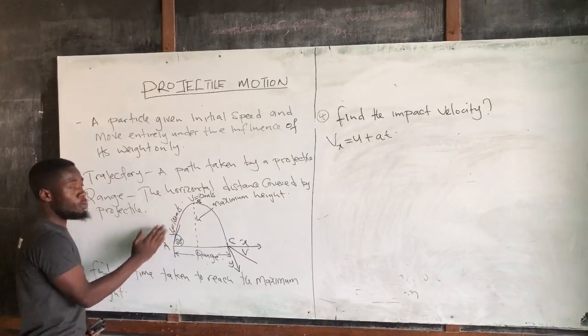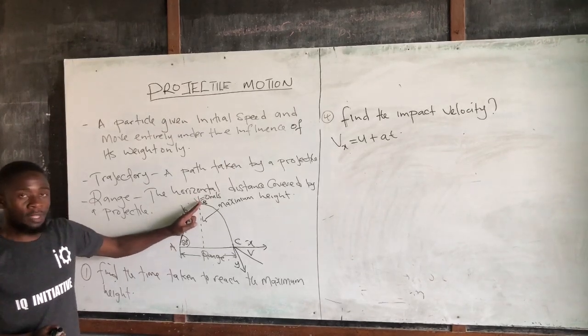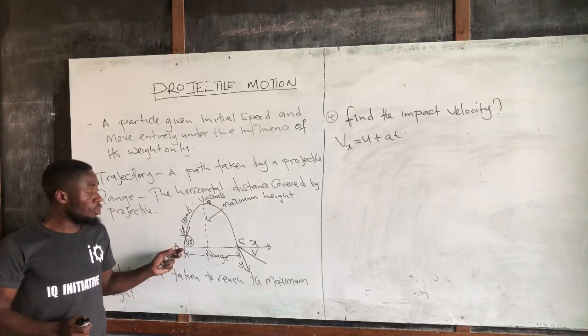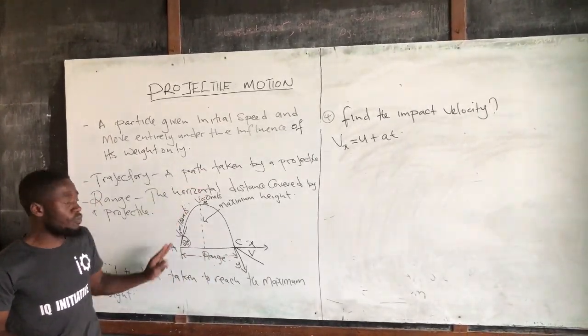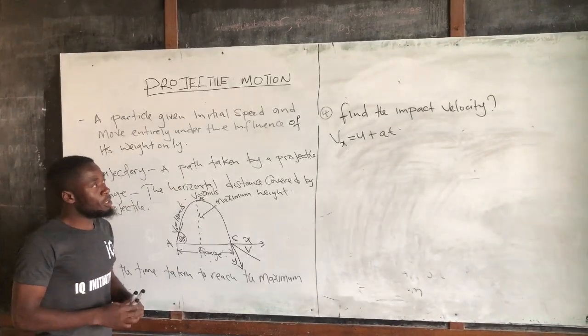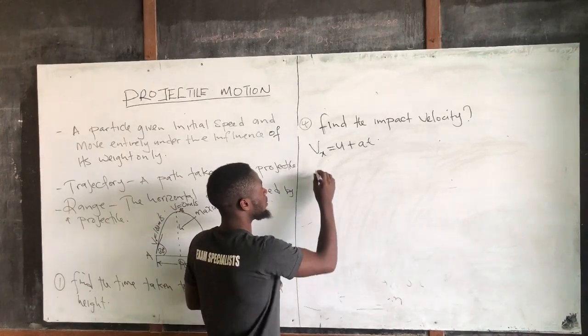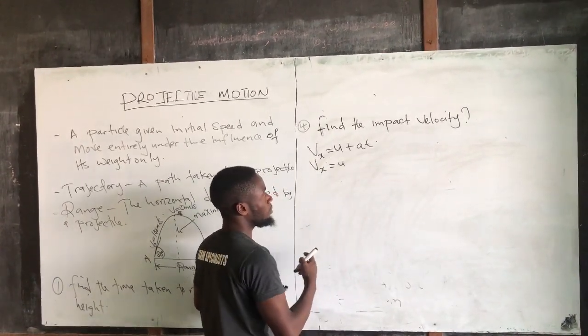So in the X direction there's no acceleration, which means in this equation the acceleration is 0. So Vx is equal to U.